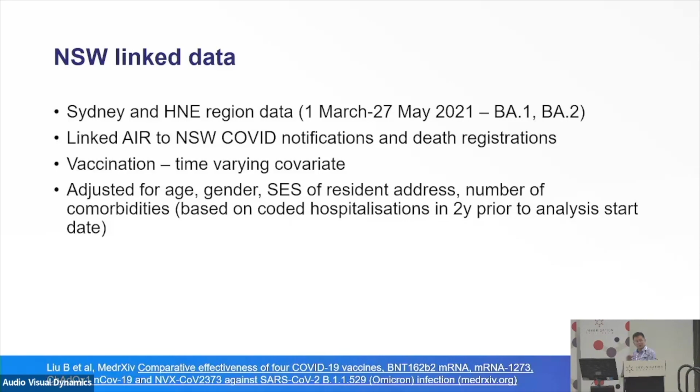And comorbidities were ascertained from hospitalizations, but hospitalizations that had occurred before the start of the study period, because we didn't want everyone who had been hospitalised with COVID to have all these comorbidities that the controls didn't have because they weren't hospitalised. So you need to be careful there.